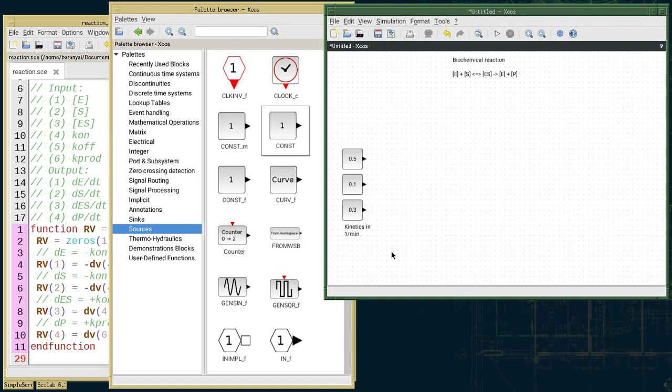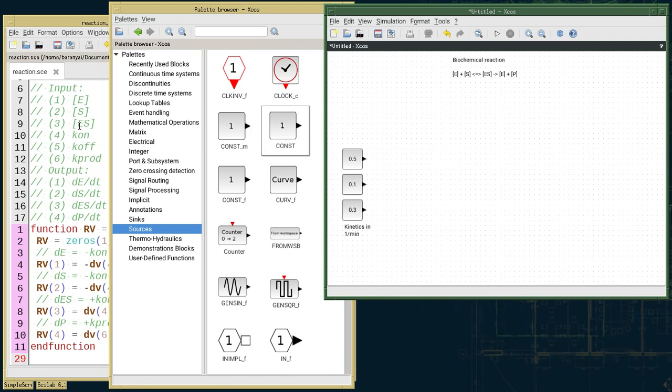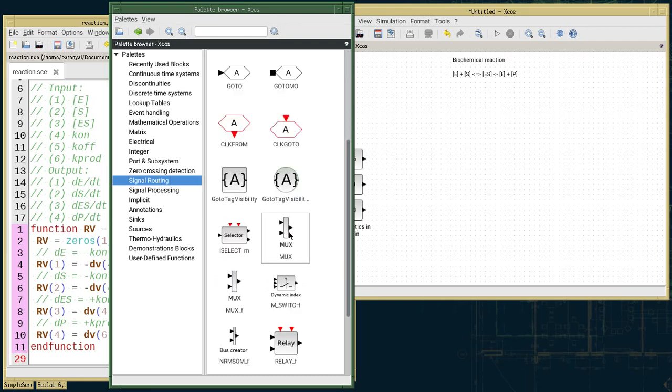And the core of the simulation will be the function, which has 6 inputs and 4 outputs. 3 constant inputs are here already, but I will have 3 others. To collect them all together as an input vector to my function, I need signal routing. In signal routing, I will use the multiplexer.